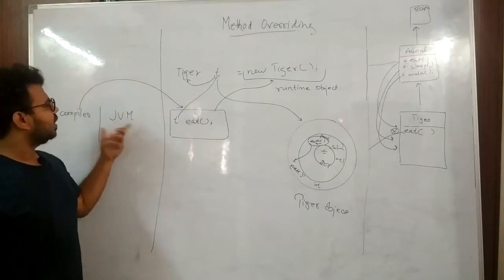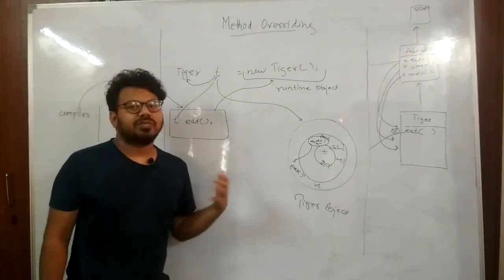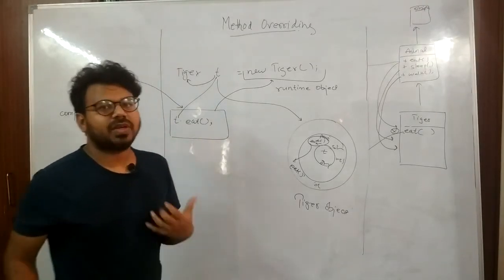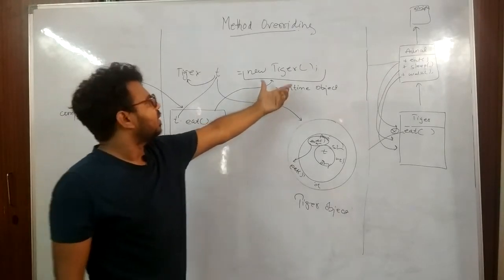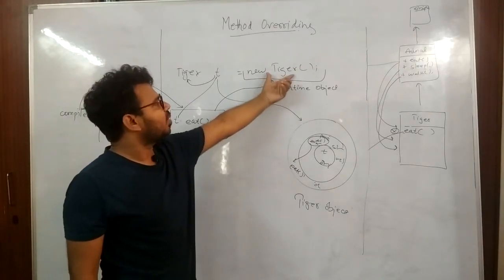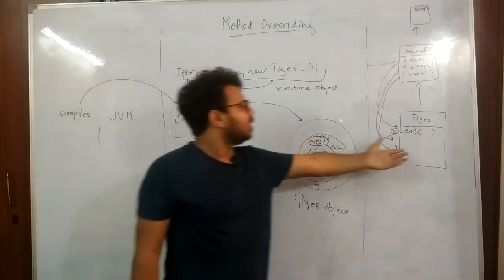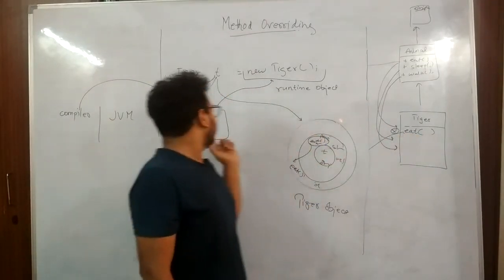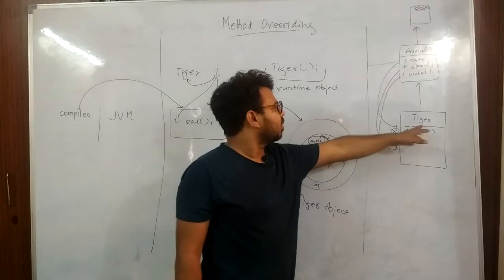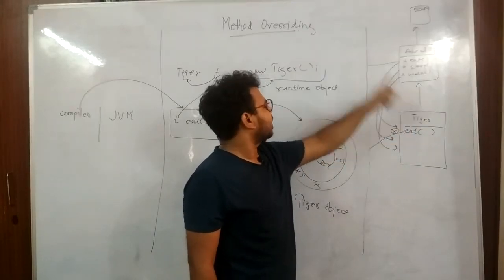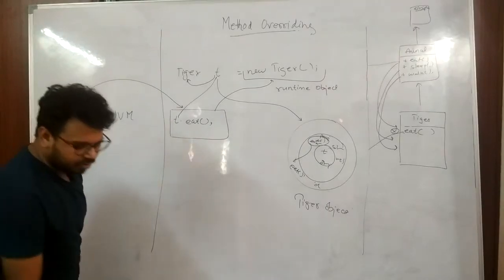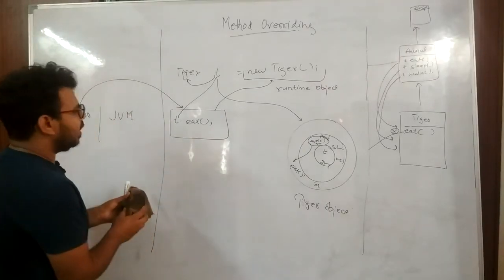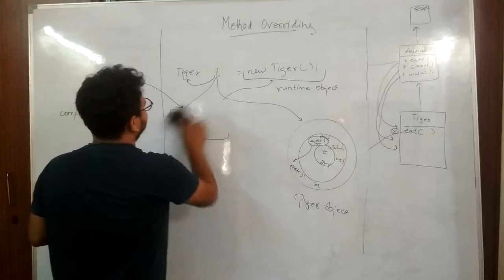And what is the role of the JVM? The JVM decides which method is to be called based on the runtime object. Here the runtime object is of Tiger, so the eat method will be called from the Tiger class. Now think of some other scenarios.